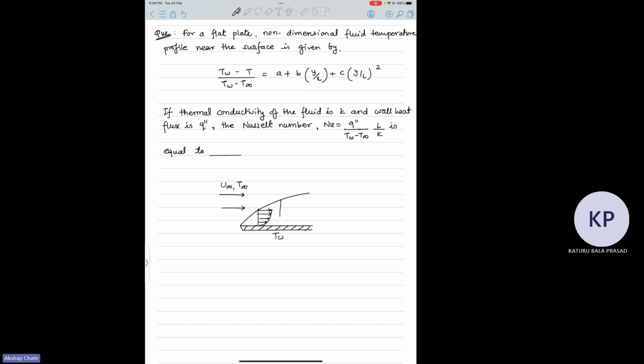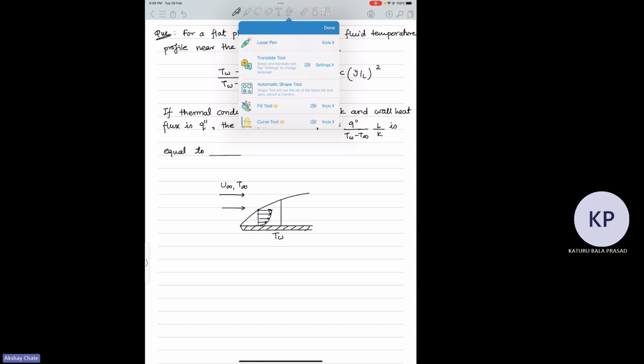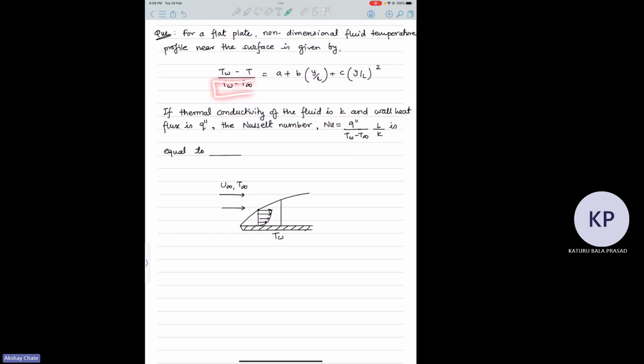Then there will be some thermal boundary layer because of the temperature difference between the two. Since here T wall is greater than T infinity, you can get that idea from the denominator here. The scaling is done with respect to T wall minus T infinity. Actually you can't say anything like that, but let's say it looks like this.